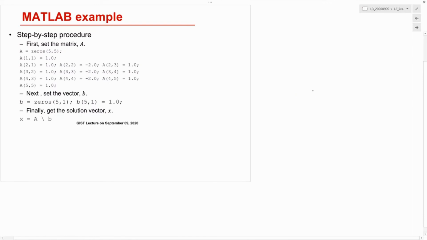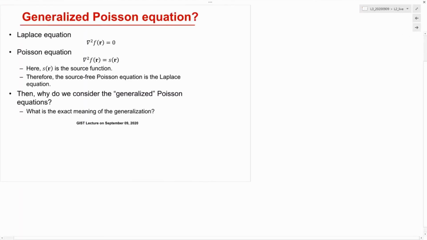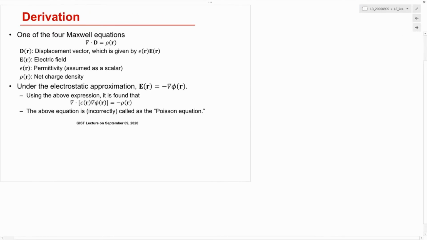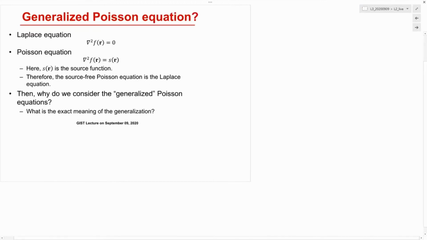And we have one important concept to be discussed. Here we have the notation, the Poisson equation. Why do we call it the Poisson equation? The Poisson equation and the Laplace equation are compared in this part. Both are not directly related to our problem.